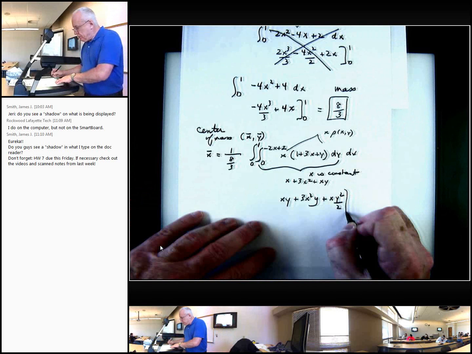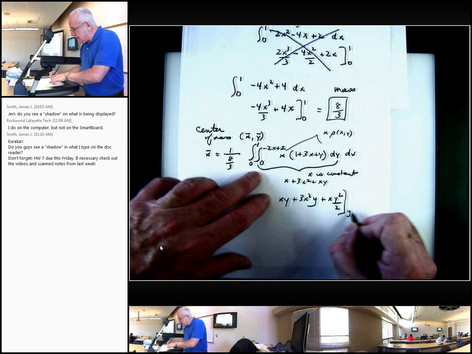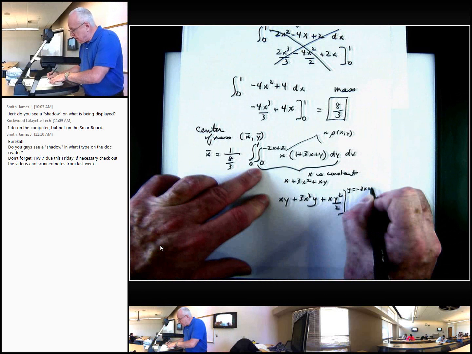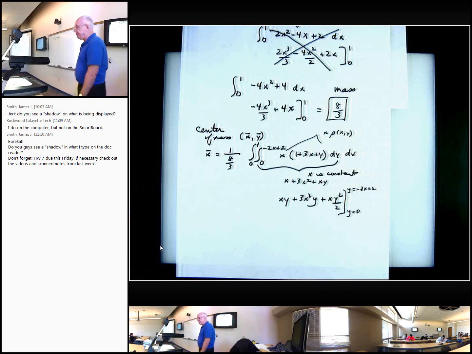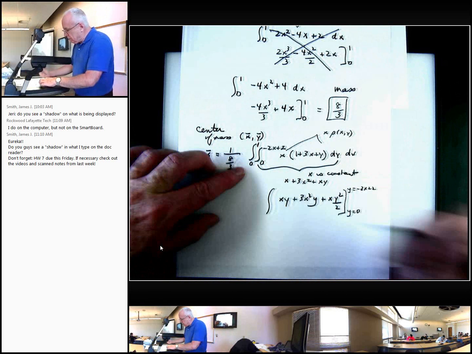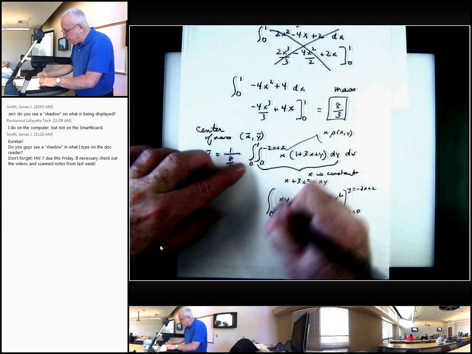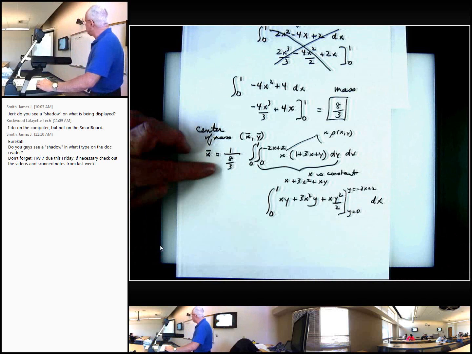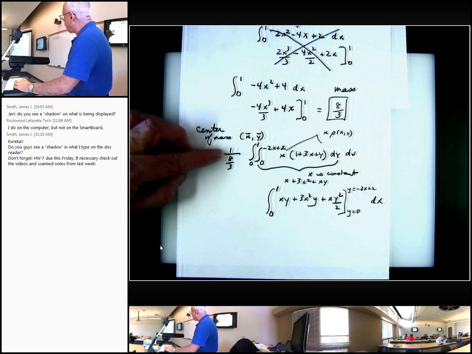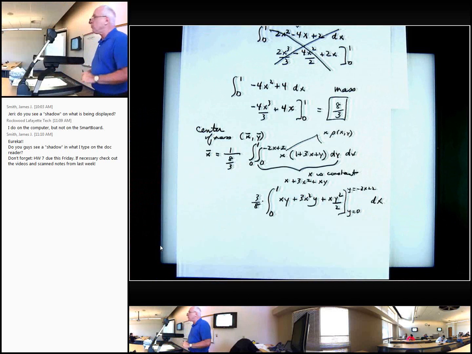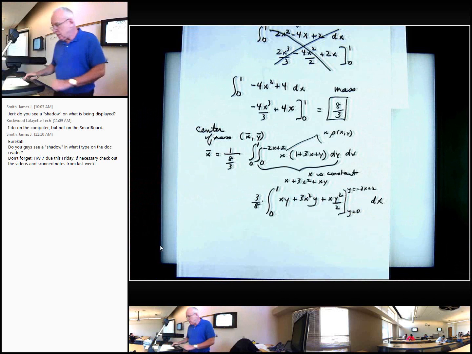And we have to do some more fun algebra because now we have our lower limit, y is 0, upper limit, y is minus 2x plus 2. Out here for our outer integration, we have 0 to 1 dx. And in the front of this thing, we're taking 1 over 8/3, so we're really multiplying it by 3/8, the reciprocal. All right.